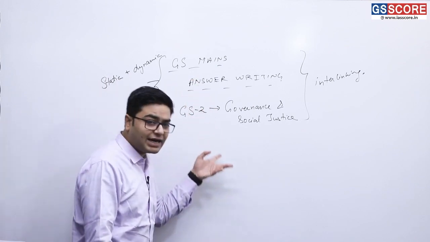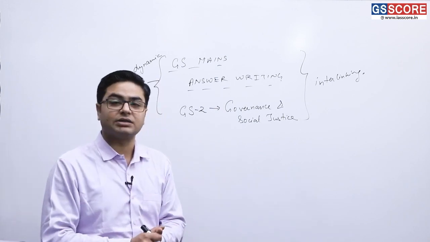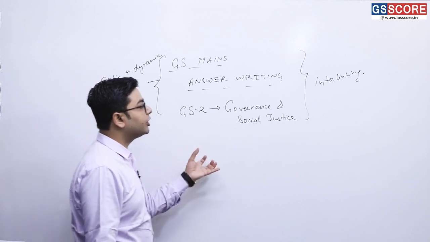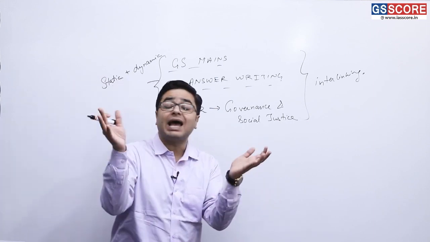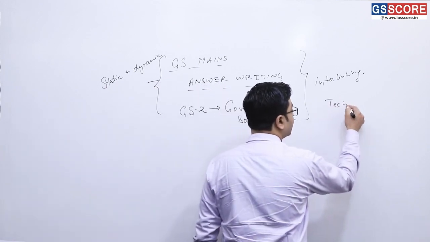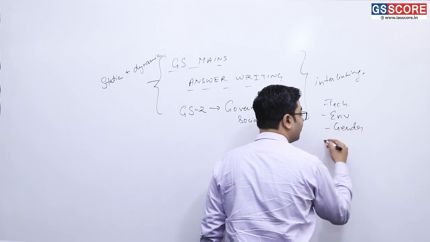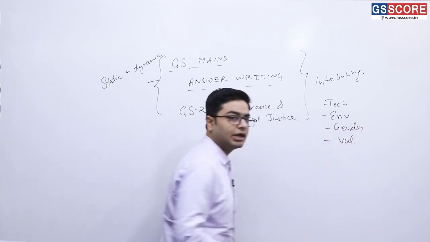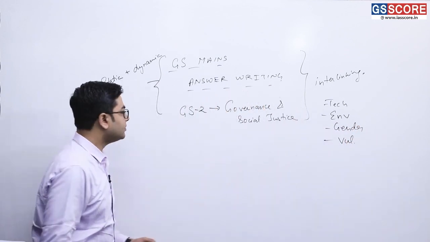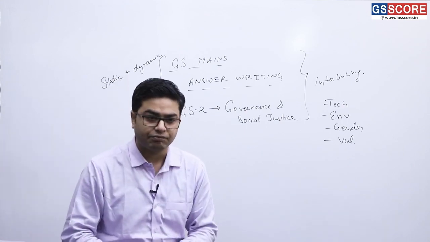More than one head in the syllabus can overlap in the form of questions. It also spans various dimensions, like technology, environment, gender, vulnerability, right? And many more. Hence it provides a very interesting mix.